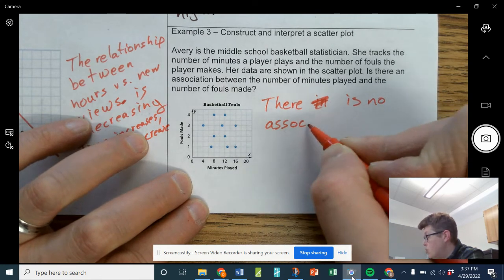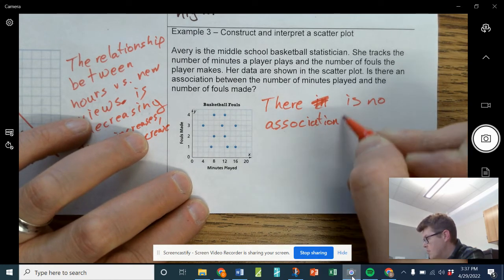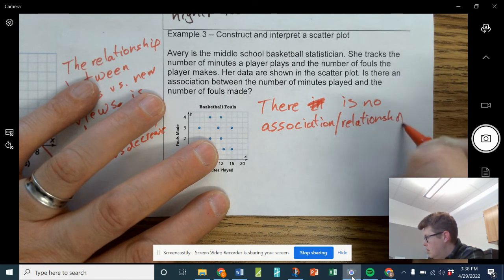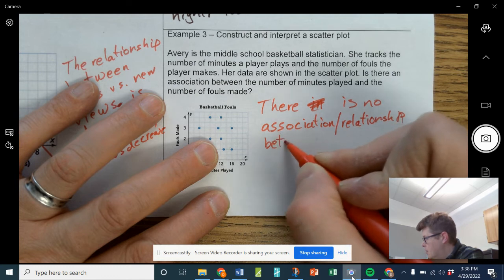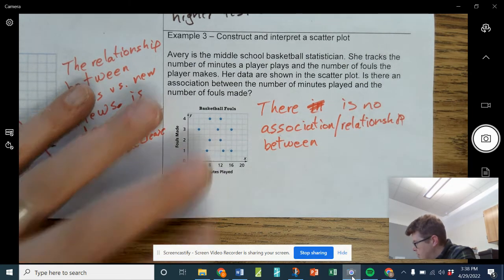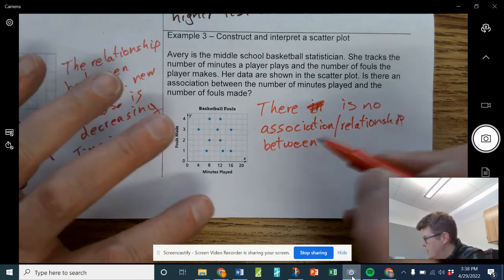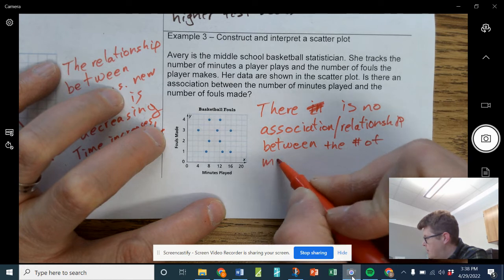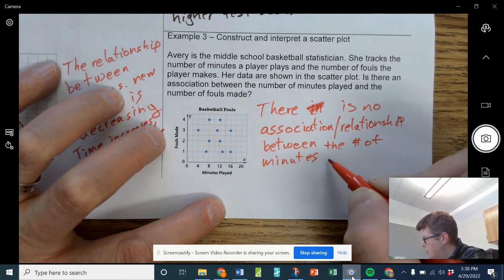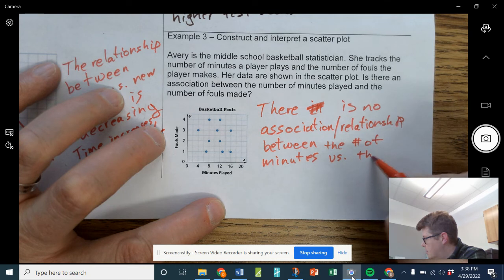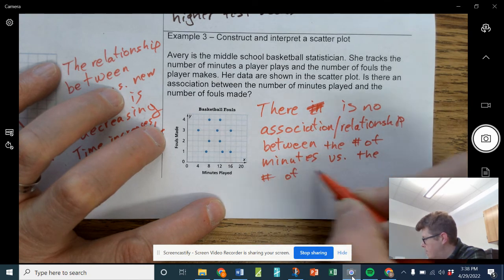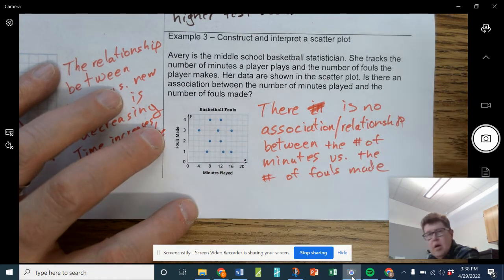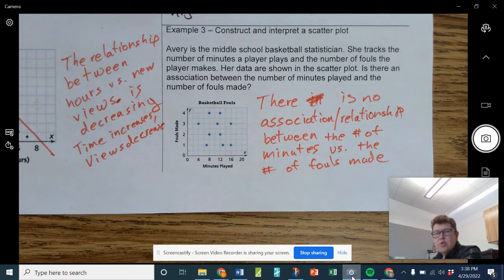You can also say there's no relationship between the number of minutes played versus the number of fouls made. Because it's all over the place, right? So when it doesn't make sense like that, there's no association, right?